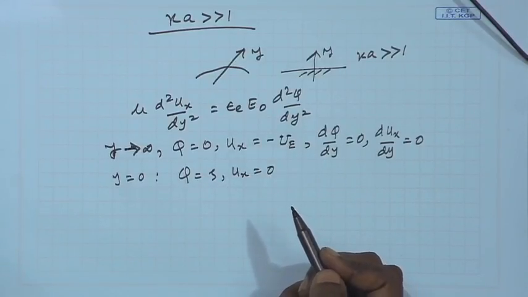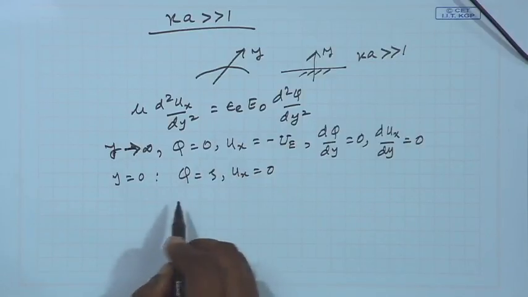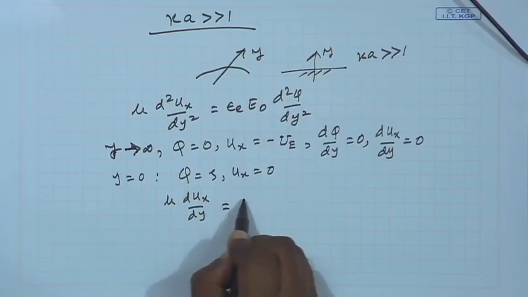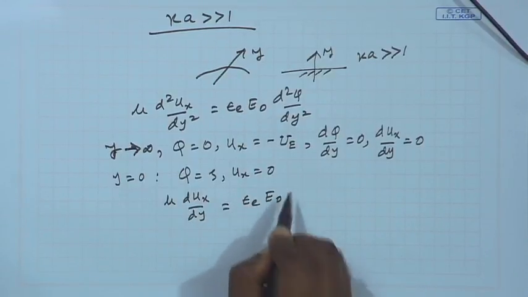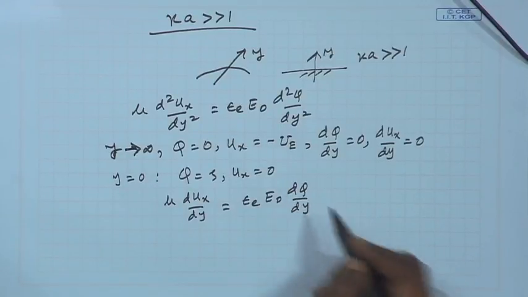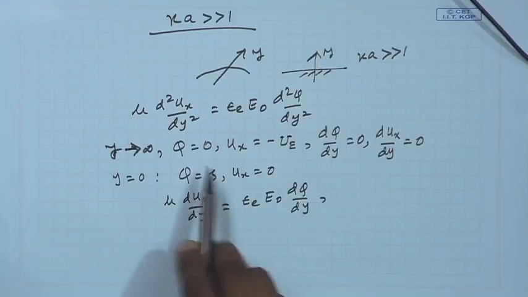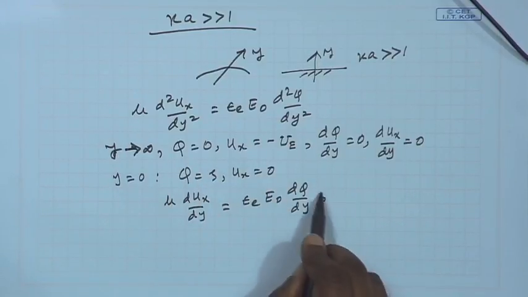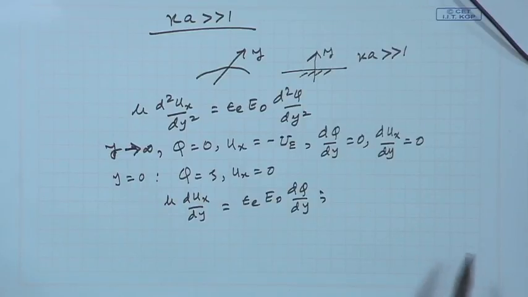So, now if we integrate this equation, we get mu dux/dy equal to epsilon e0 dphi/dy, and we apply the infinity conditions, so we get the constant as 0.